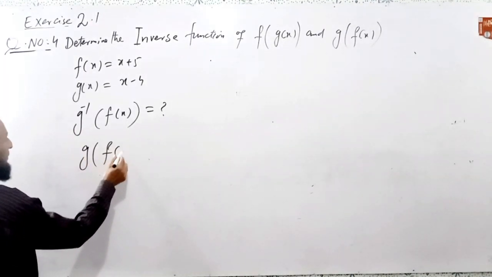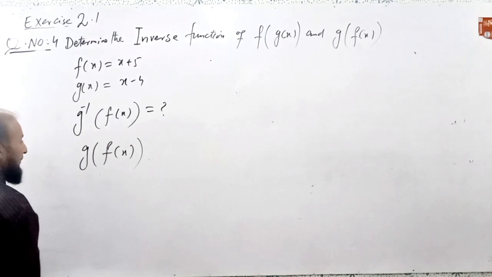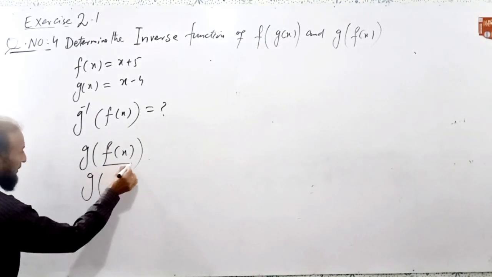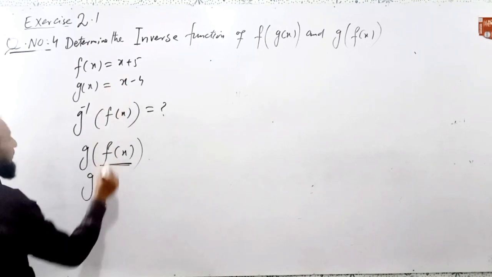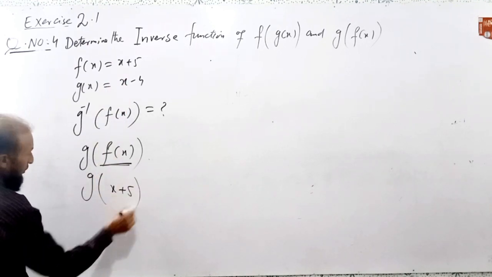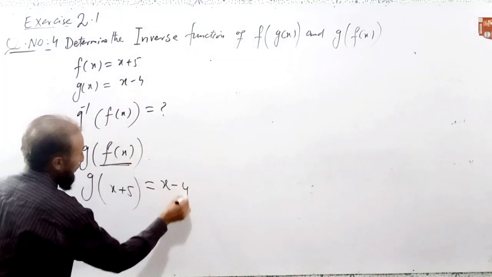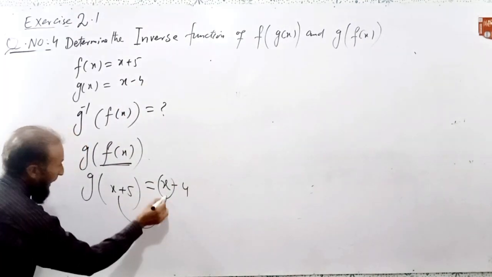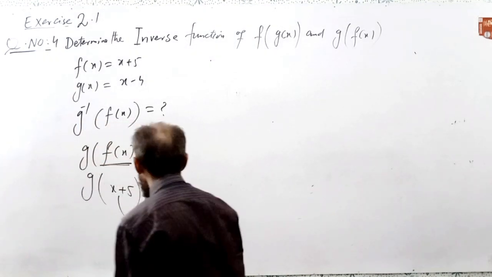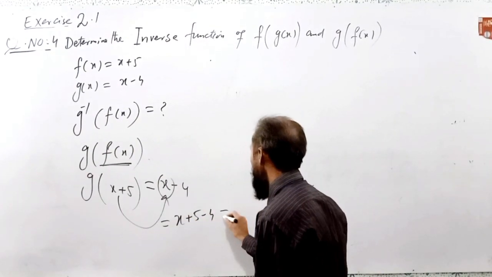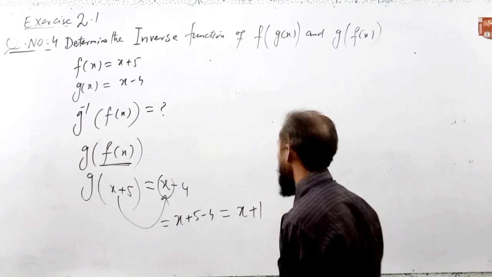First of all, we find g as the function of f inverse. It means that we replace in the g function, this function is equal to x plus 5. So actually g function is equal to x minus 4. So we replace this value by x. So x plus 5 minus 4. So the result is x plus 1.